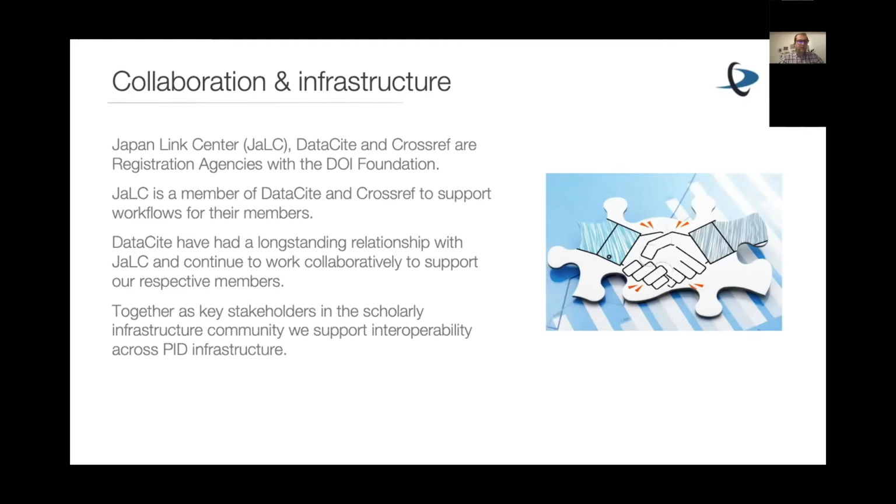Japan Link Center is a member of both DataCite and Crossref to support the workflows for their members. DataCite has had a long-standing relationship with the Japan Link Center and continues to work collaboratively with our respective members, and together as key stakeholders in the scholarly infrastructure community, we support interoperability across persistent identifier infrastructure.